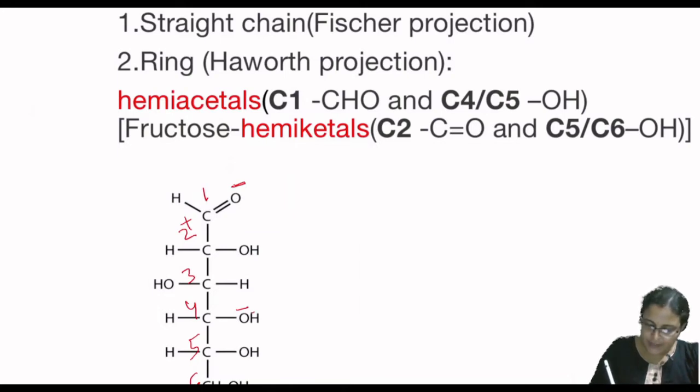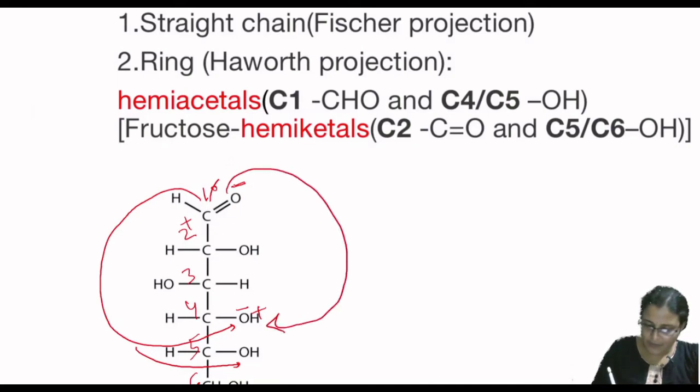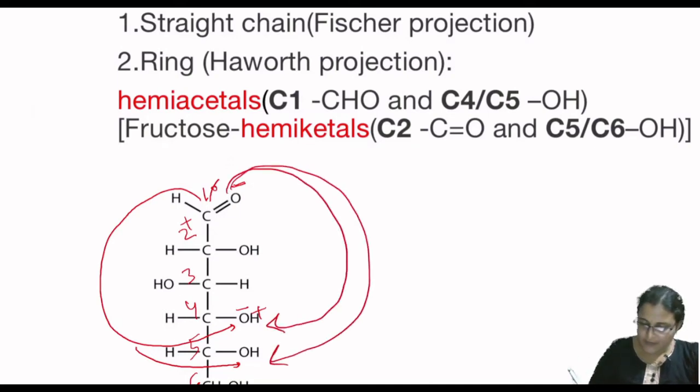Then this hydrogen has a plus charge, and this oxygen has a minus charge due to the lone pair of electrons. So this carbon atom reacts with this oxygen, and similarly this oxygen reacts with this hydrogen. So a structure is formed like this.